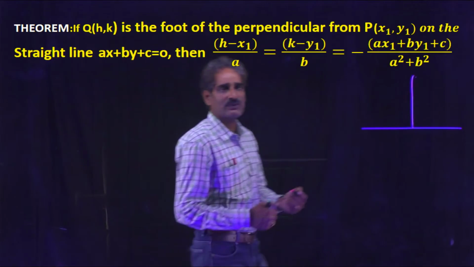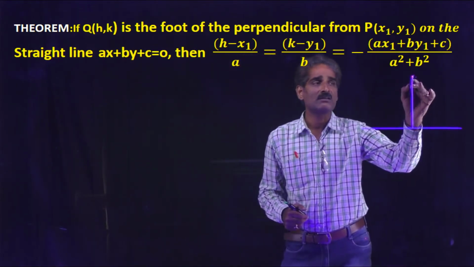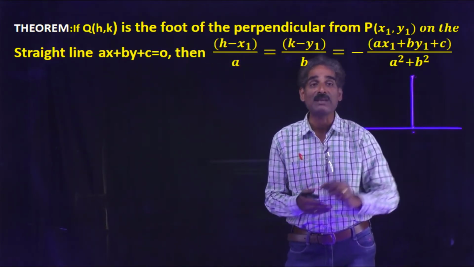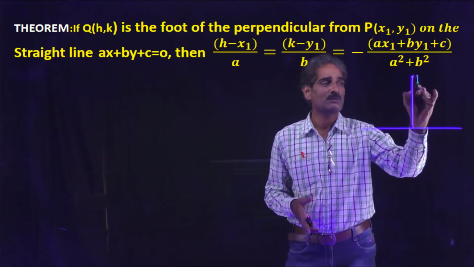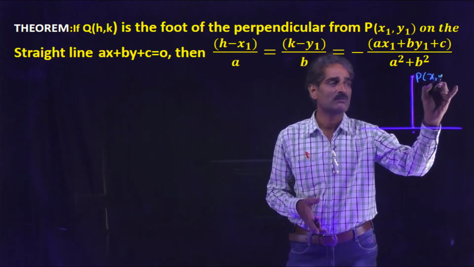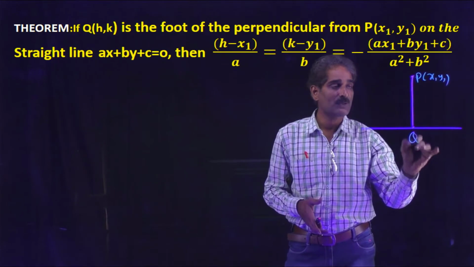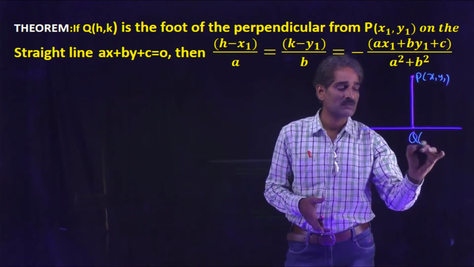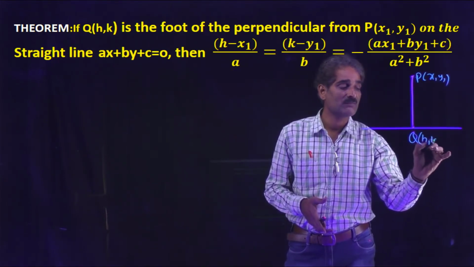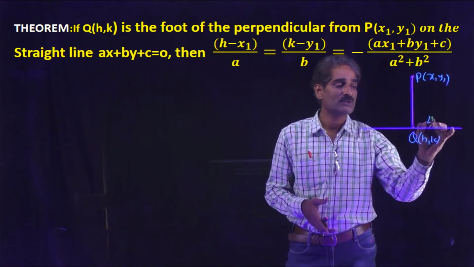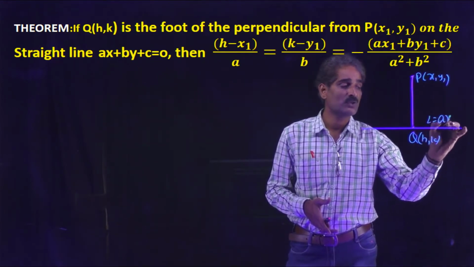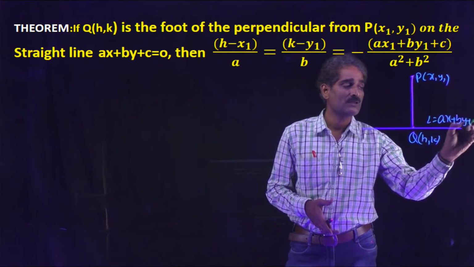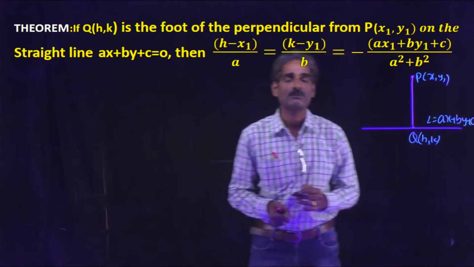So here it is given that Q is the foot of the perpendicular from P. This is the position of P(x1, y1). Q(h, k) is the foot of the perpendicular from P on this line. So let us take the equation of the line, L equal to ax plus by plus c equal to 0.